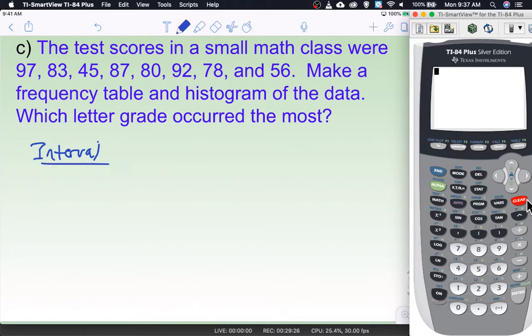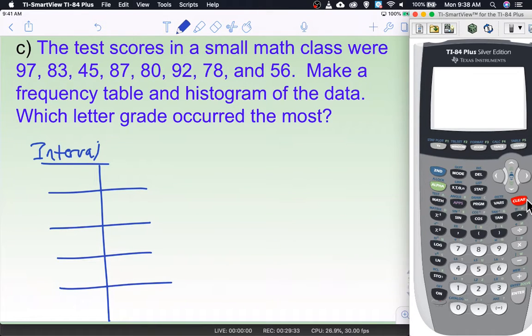Okay, so I've started. I don't know how many categories I want, but I'm gonna make some space. Smallest number is 45, biggest number is 97. So 97 minus 45. There we go. It was a range of about 52.